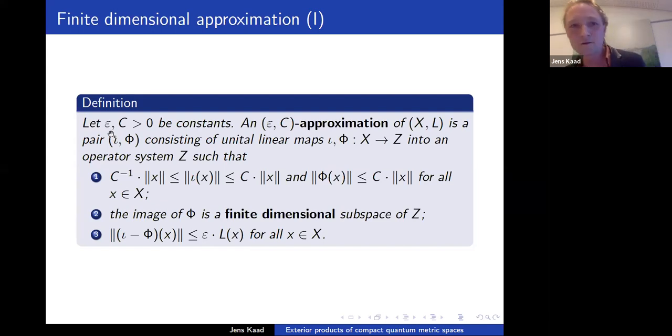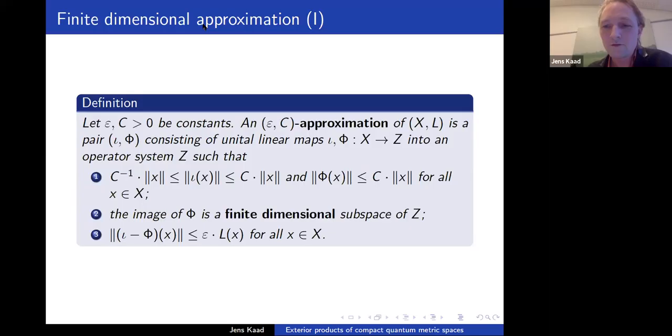And I think it's very good to see an example of such an approximation. So I will try to share my whiteboard and then give you an example, if I can. Can you see the whiteboard now? Yes, okay. So let's just look at the case where you have a compact metric space.